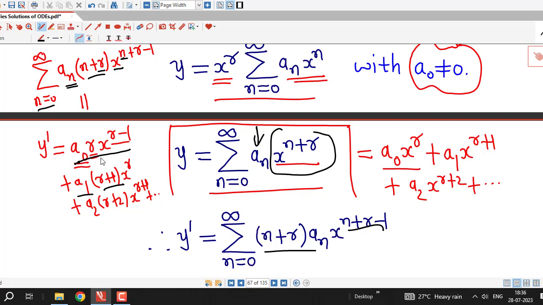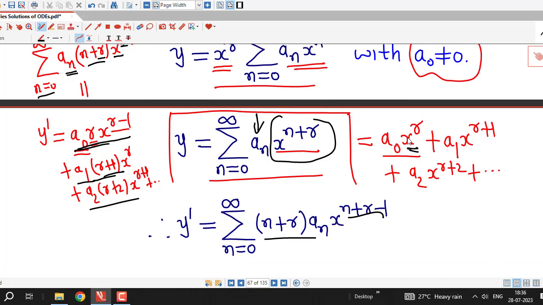So you can see from this that we have to consider n from 0 to infinity, because our power is starting with x^r. If there was no power of x here, if a₀ was a constant, then we would have taken y' = Σ, n = 1 to infinity. That we have done in the case of the solution Σ aₙ xⁿ, n = 0 to infinity.